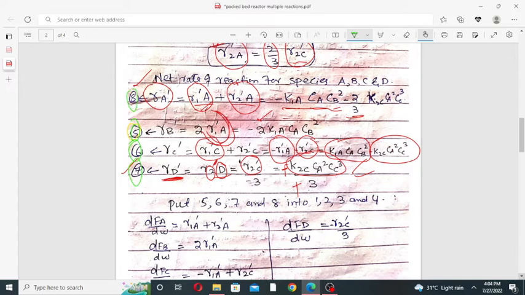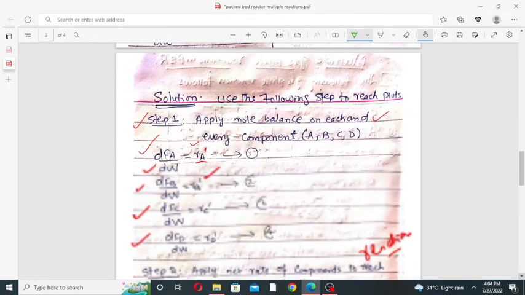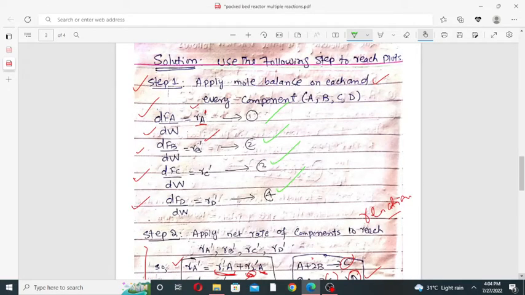Put these equations 5, 6, 7 and 8 in equation number 1, 2, 3 and 4.